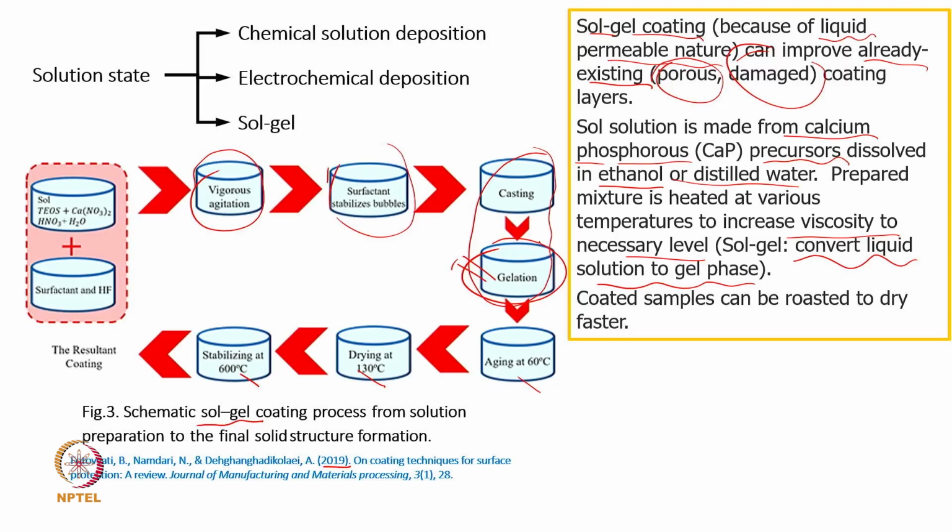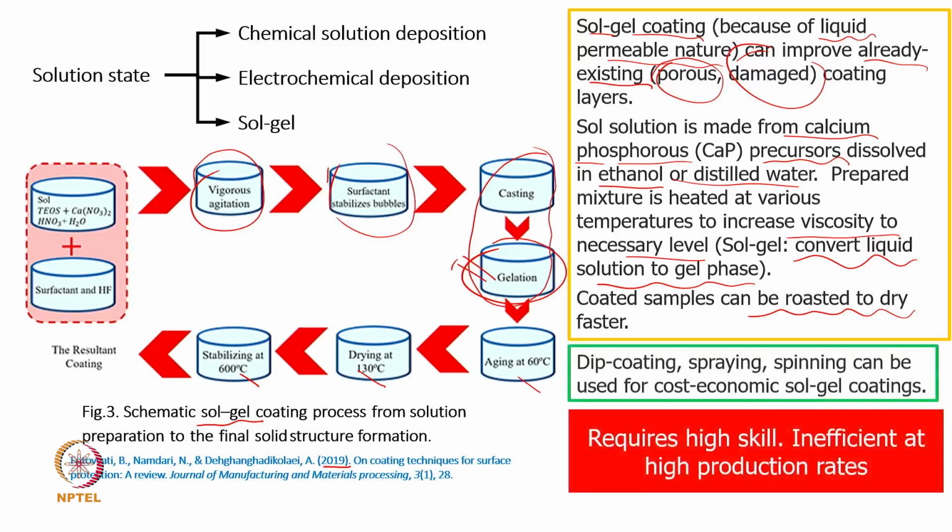That is a process. Now, another thing is that we can keep removing the ethanol or water by exposure to relatively high temperature, the evaporation of those liquids should happen, and finally it becomes dry, and we get a dry coating. Now, this sol gel can be utilized with different techniques, like the dip coating method.